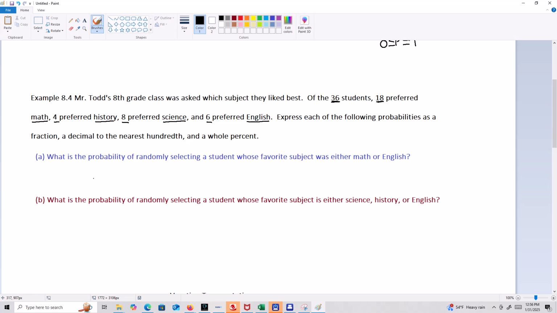So we know out of 36, we can go ahead and make our denominator 36. The number of students that like math was 18. And then the number of students that liked English was 6.